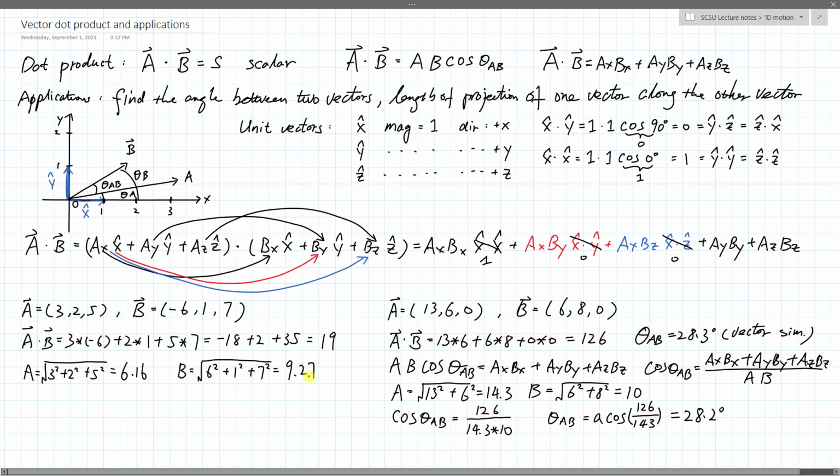Okay, so now we can do cosine theta AB equals the dot product on the top, and then A's magnitude 6.16, B's magnitude 9.27. So the angle is arc cosine of this fraction, and let's see what we get. Python, bring that over.